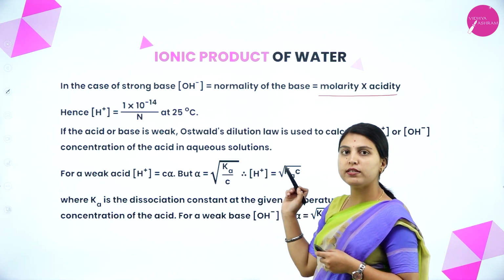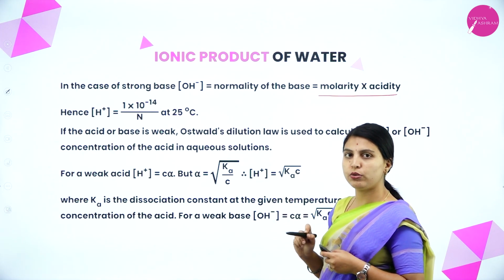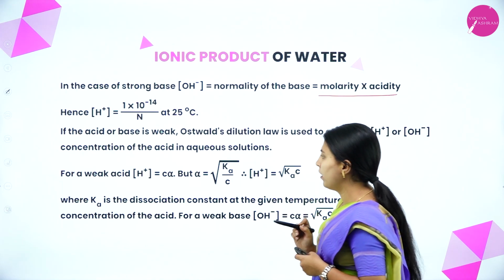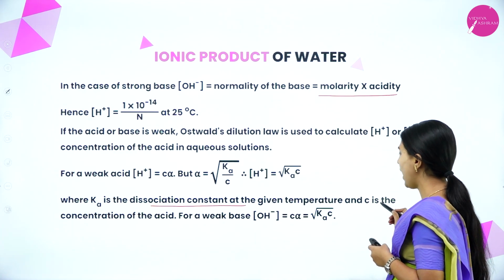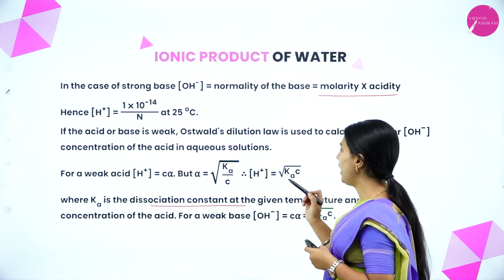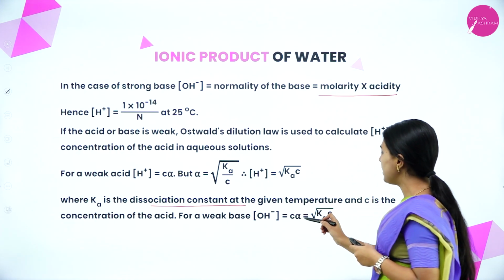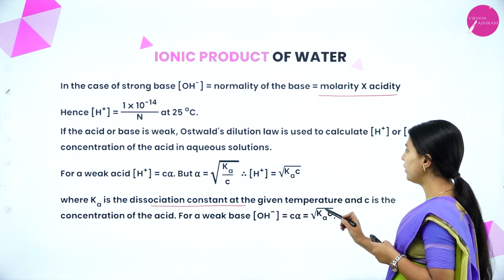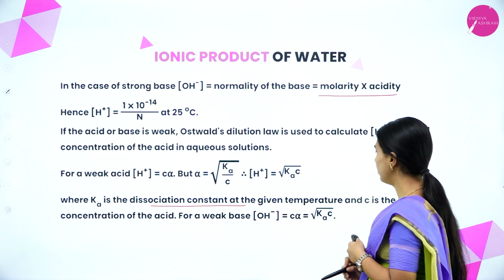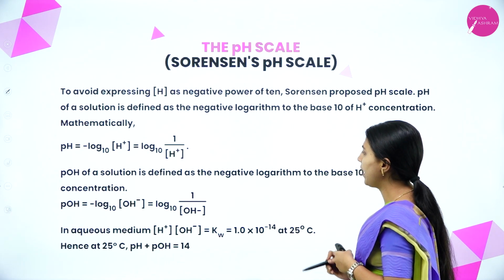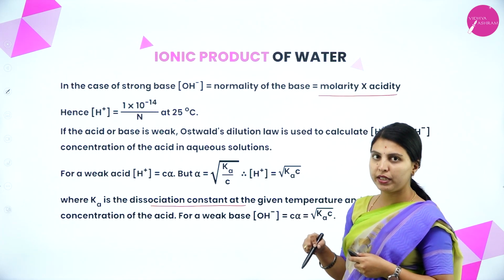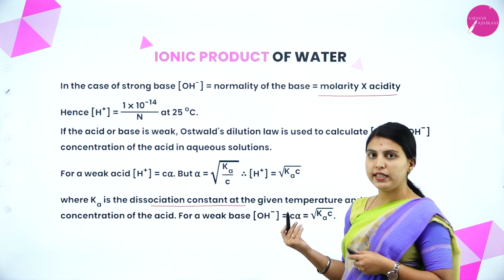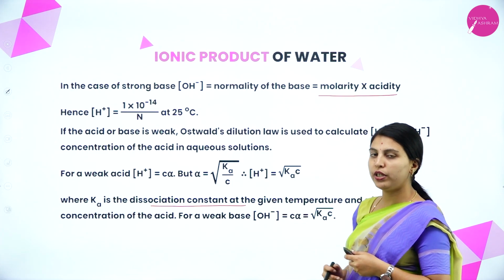This is Ostwald's dilution law implemented in the above formula, where Ka is the dissociation constant at a given temperature and C is the concentration of the acid. For weak base, same here, C alpha equals root of Kb into C. Okay. This is how weak acids and weak bases are calculated by using Ostwald's dilution law.